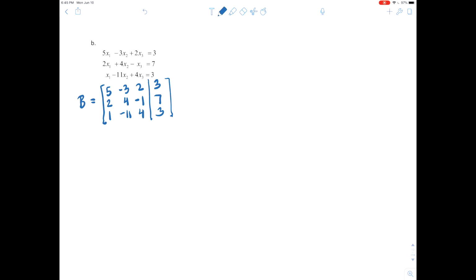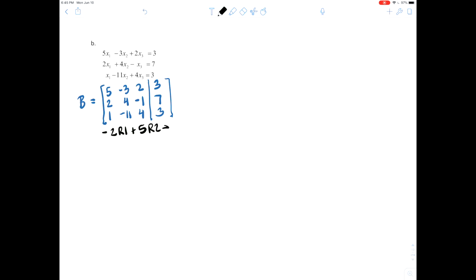So here, I want to zero out the 2 that's in the second row, first column. So in order to make this happen, I need to multiply the top row by negative 2, and then add the second row multiplied by 5.